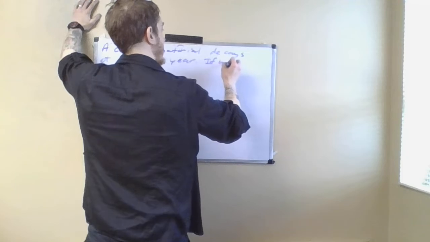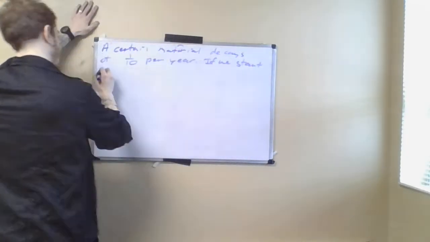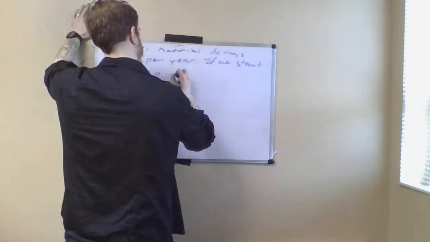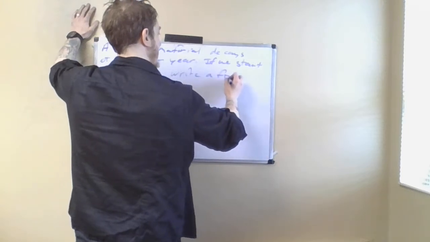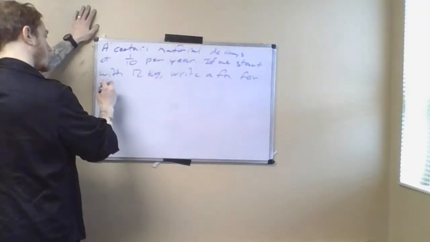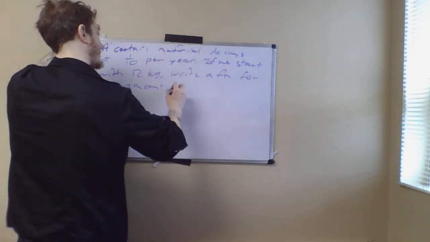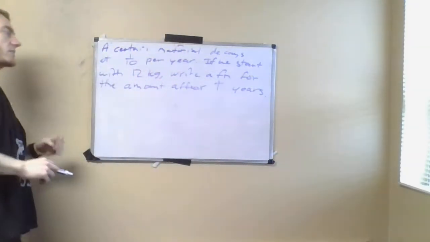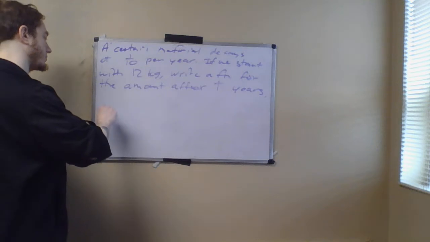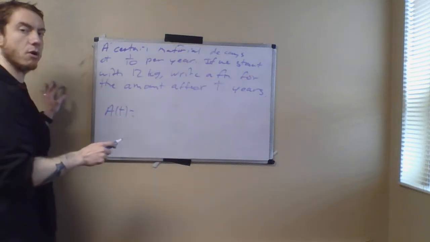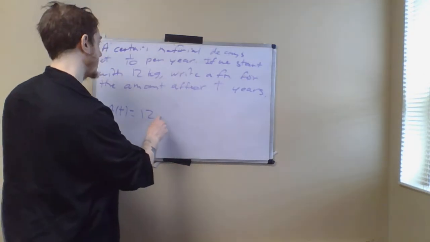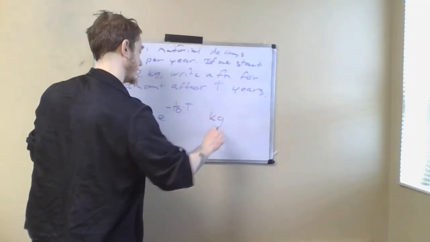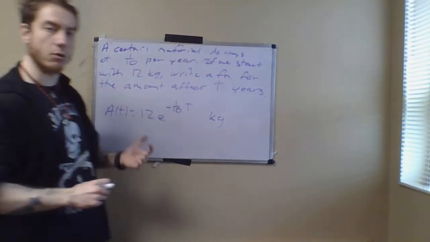And if we start with 12 kilograms, write a function for the amount after t years. Okay, well, the answer to this is just going to be A of t is equal to our initial amount of 12 kilograms times e to the minus 1 over 10 times t. And this is going to be in kilograms because that's what we're measuring this in.